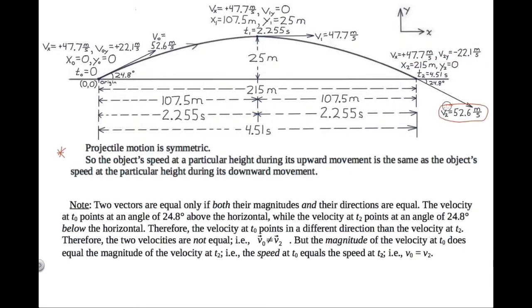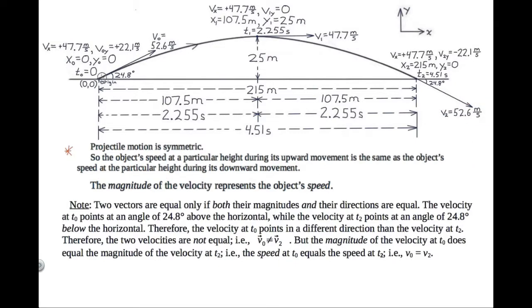And the overall speed when the ball hits the ground will be the same as the overall speed when the ball leaves the ground. So, the magnitude of the overall velocity vector at t sub 2 equals 52.6 meters per second. So, the ball leaves the ground with a vertical speed of 22.1 meters per second.